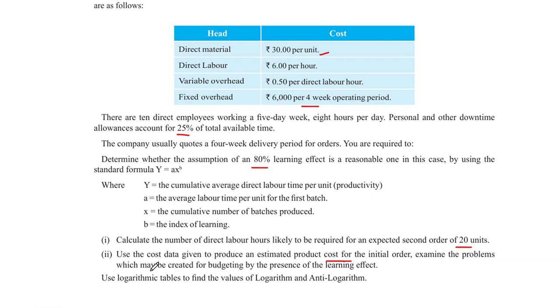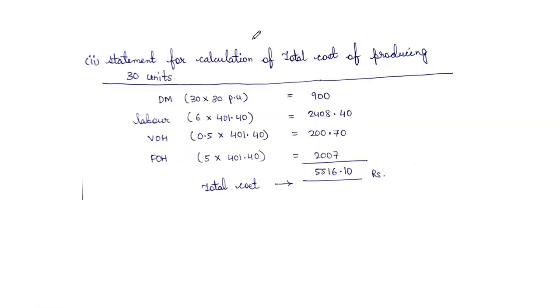Examine the problems which may be created for budgeting by the presence of the learning effect. So we need to calculate the estimate cost for the first order of 30 units. Let's see the solution step by step.